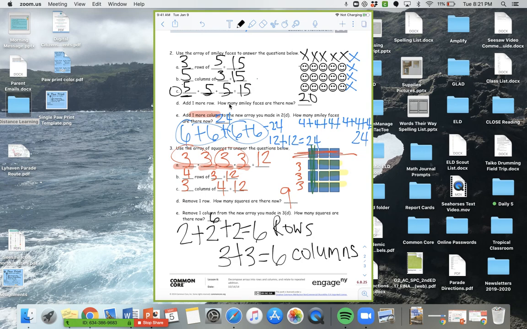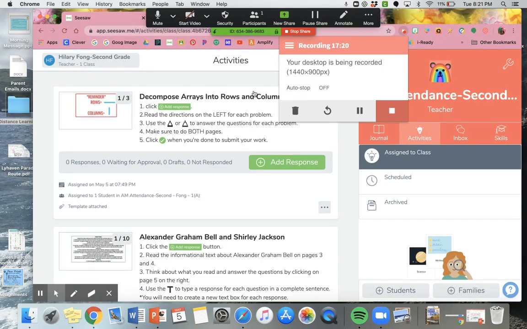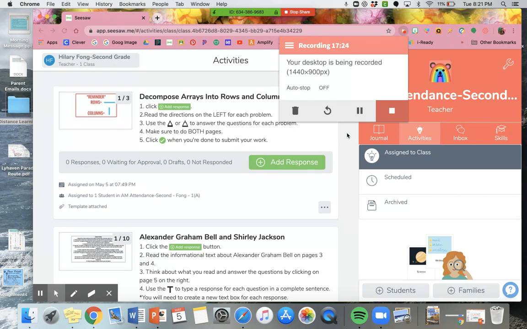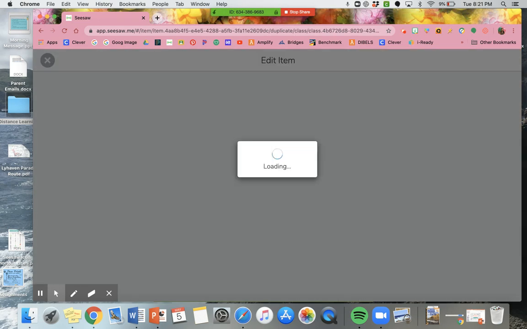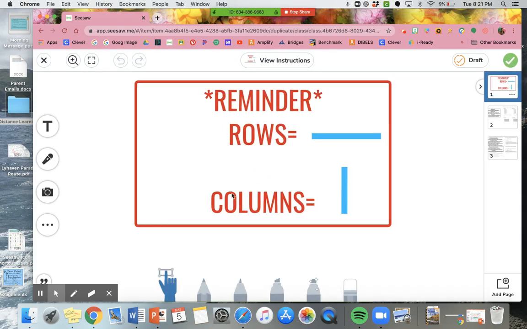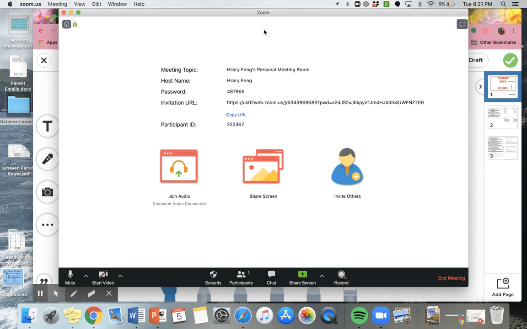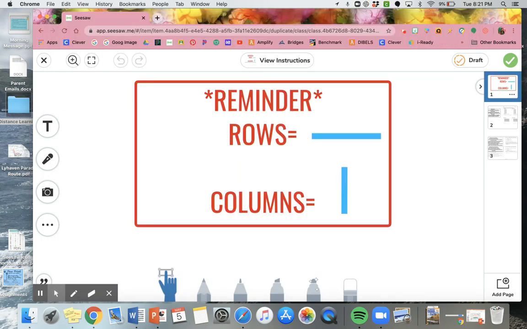So let's take a look at what your Seesaw assignment is today. You're going to be looking for the decompose arrays into rows and columns assignment. So, reminder, rows are horizontal, columns are vertical.